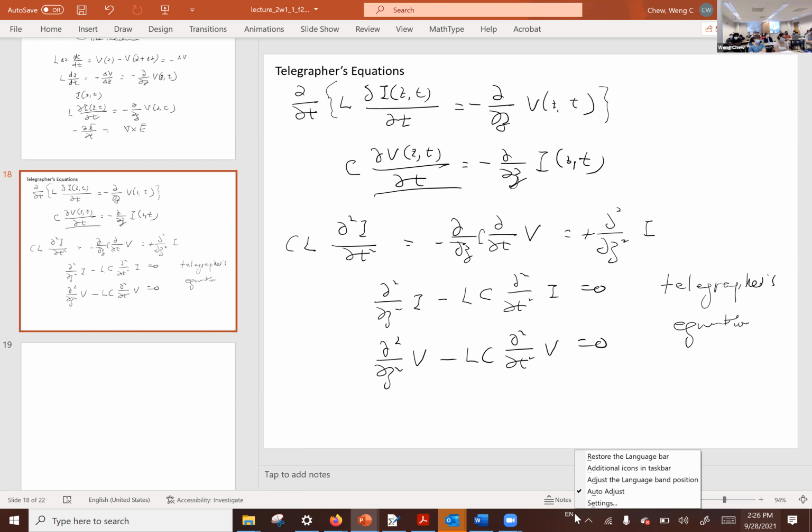Very good. So this equation, if you do a side-by-side comparison with the wave equations that we have, the wave equation in terms of velocity was this one. You immediately see that v is equal to 1 over the square root of L C. Wonderful equation.